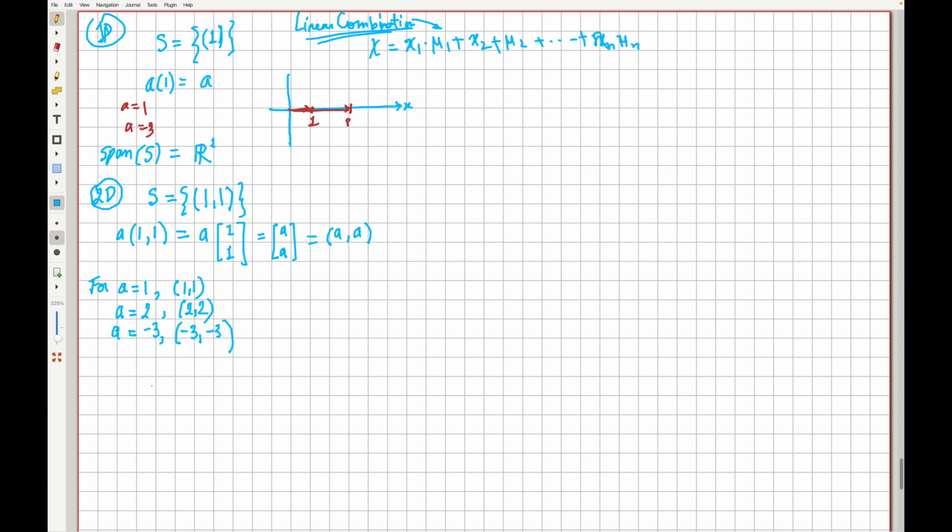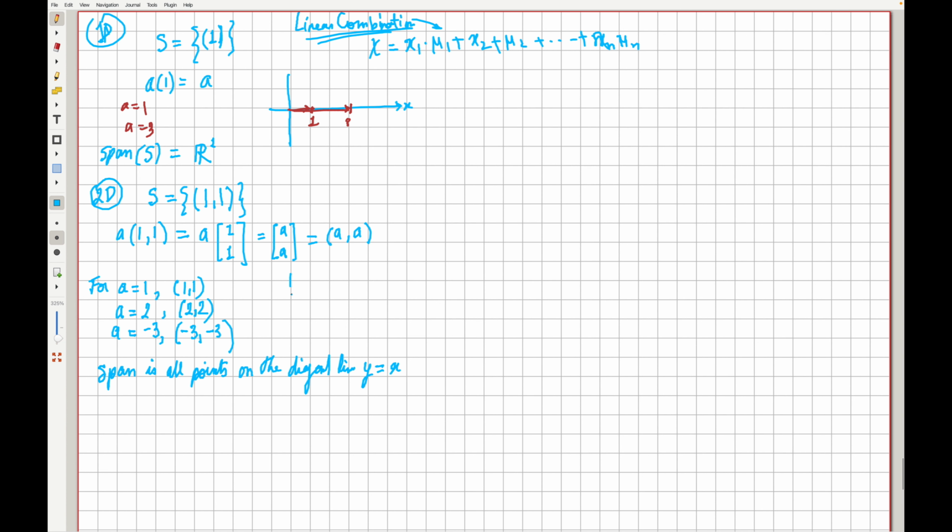So essentially then what the span is for this set of basis vectors, that is what vectors it can reach, is along that line y is equal to x. So we can say that the span is all points on the diagonal line y is equal to x.